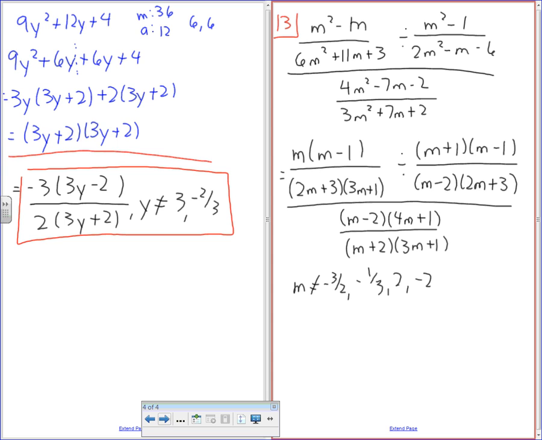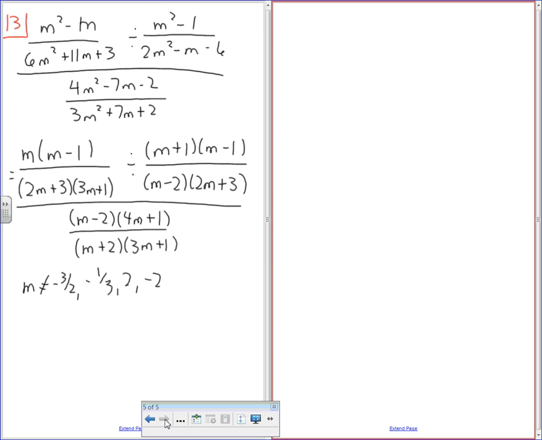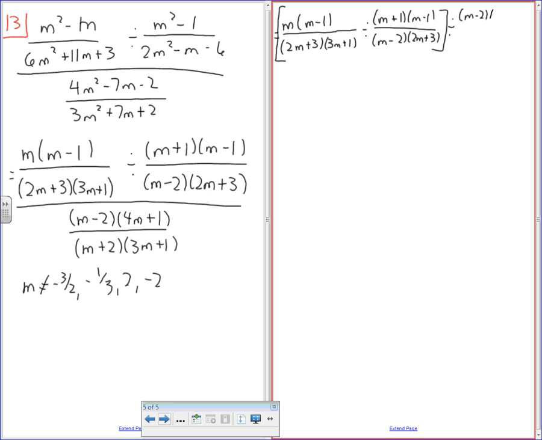So the way I would write this: equals m minus 1 divided by 2m plus 3, 3m plus 1, divided by, and I'm going to keep a bracket around here, m plus 1, m minus 1 over m minus 2, 2m plus 3, divided by m minus 2, 4m plus 1, all over m plus 2, 3m plus 2. Great.